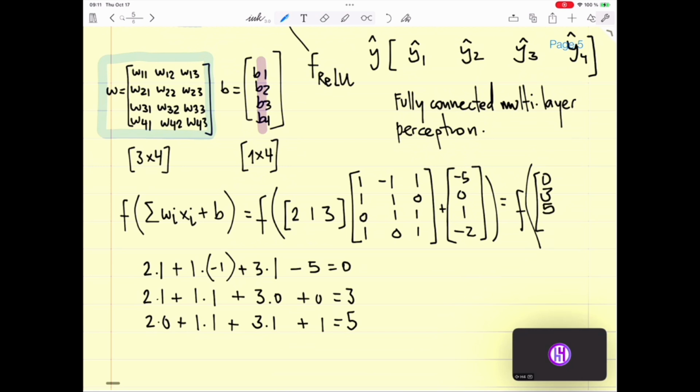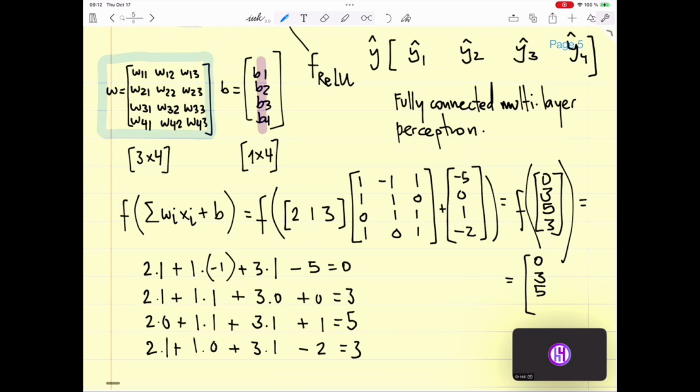And then 2 times 1 plus 1 times 0 plus 3 times 1 minus 2 equals 3. Because all the elements are positive, our result after applying the ReLU is going to be as in this example.